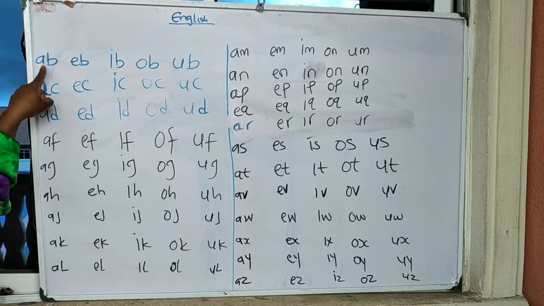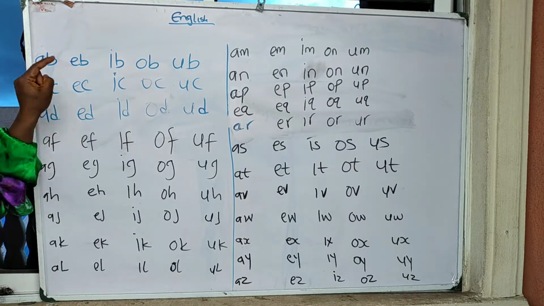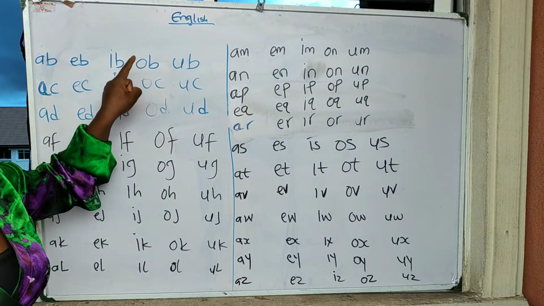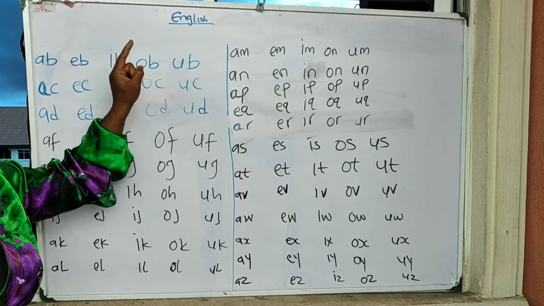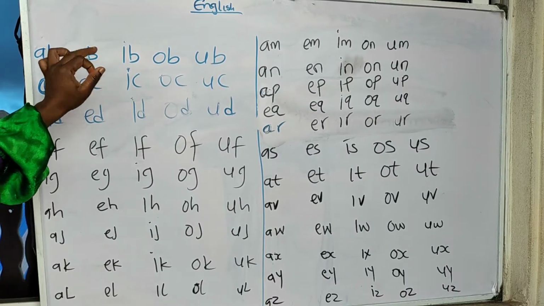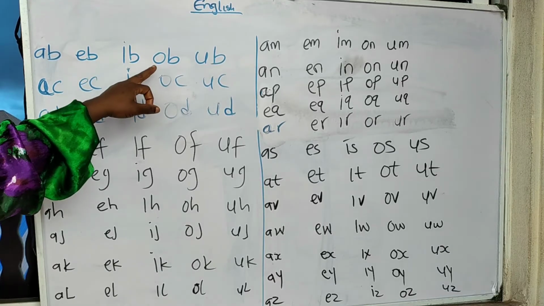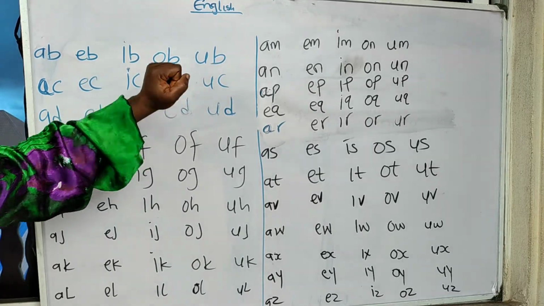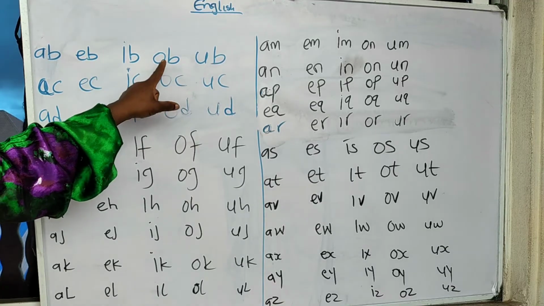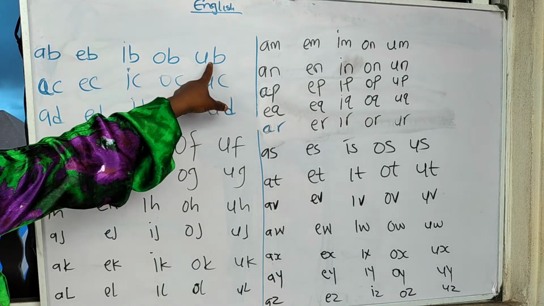So now we have up, ep, ip, op, up. eb, ib, ob, ub.